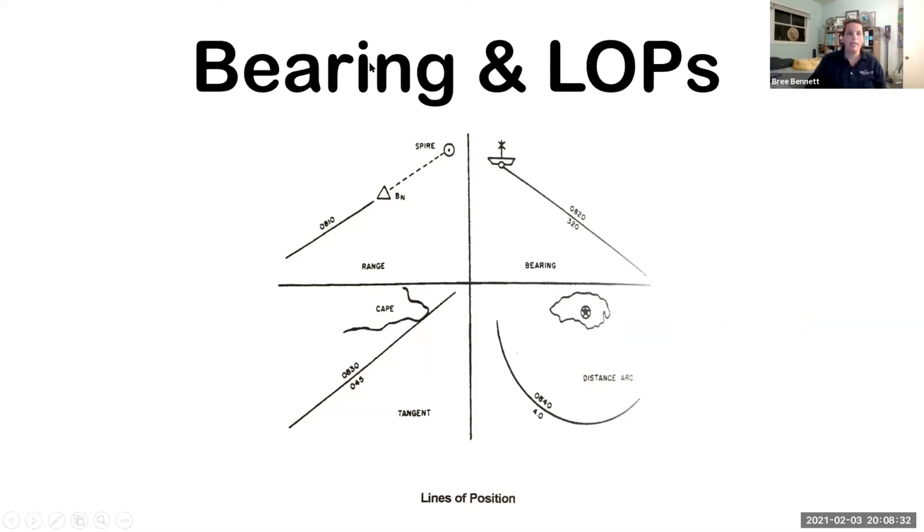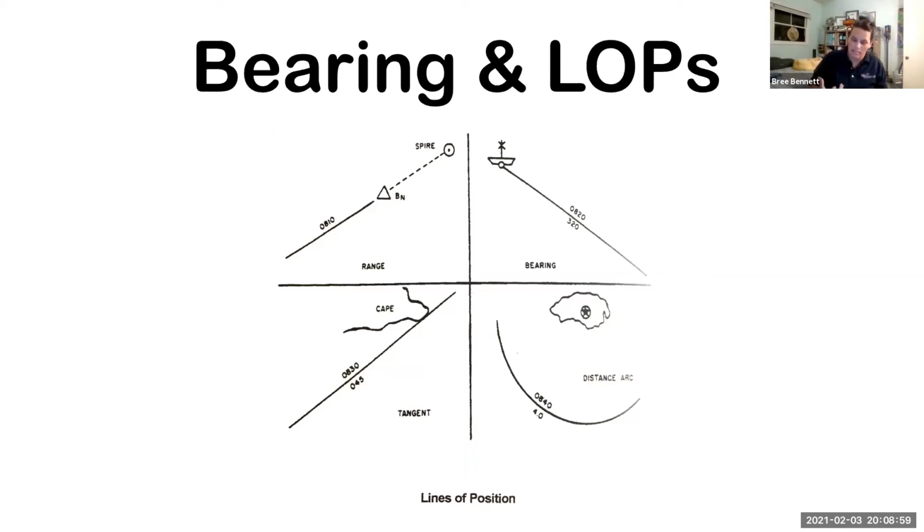So if I decided that I was due south of Brenton Reef Light, and that's the only piece of information I have, I can draw a line due south of Brenton Reef Light, and I am somewhere along that line. And it's not necessarily a line.